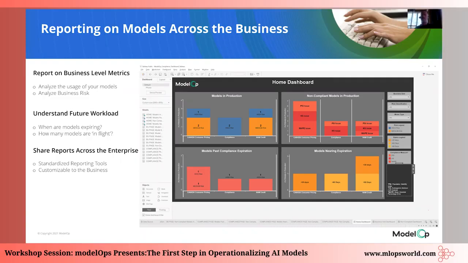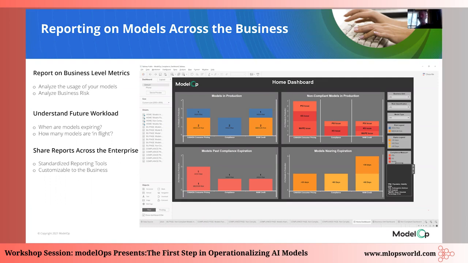But really what we want to know at a business level is not so much about the individual models, but where all my models are at compared to my actual goals for compliance across all kinds of models, performing all kinds of tasks, so I know some of my potential liability.